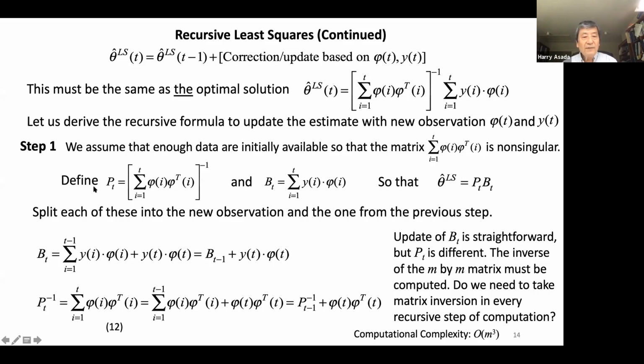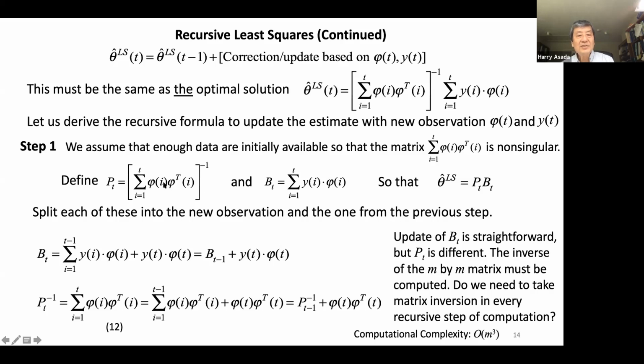We define Pt to be its inverse, and Bt is given by this. If we multiply these two, it's basically this, simply Pt Bt. We just make these replacements for the purpose of the following derivation, but please remember that Bt is the dependent variable observation yt times the regressor phi.